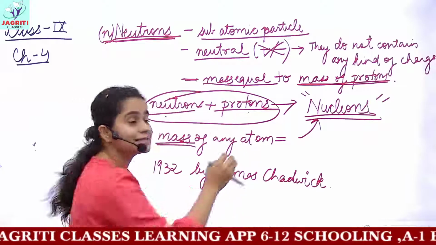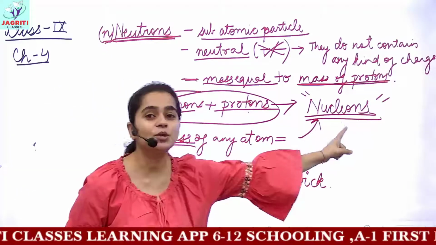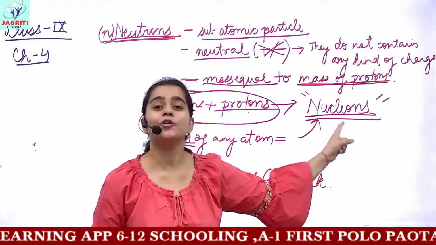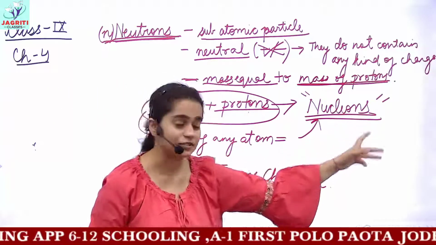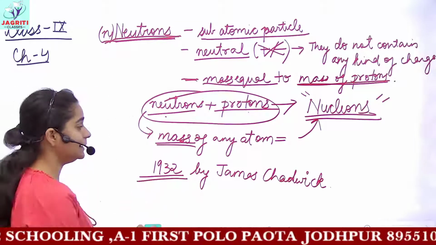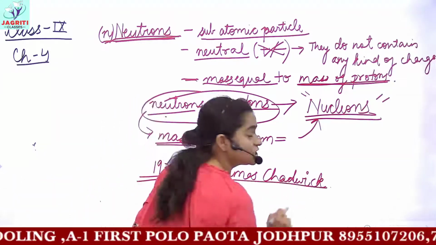Neutrons and protons are combinedly known as nucleons, and the mass of any atom is based on the mass of these nucleons. Neutrons were discovered in 1932 by James Chadwick.